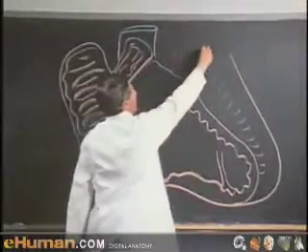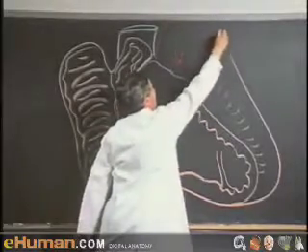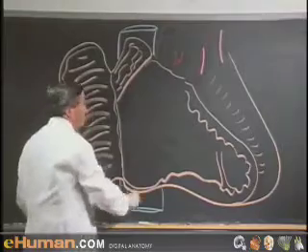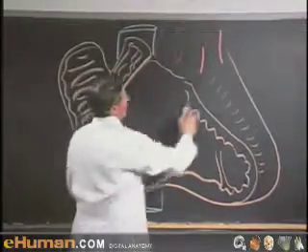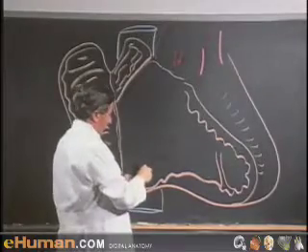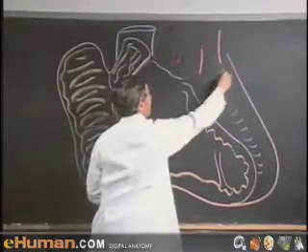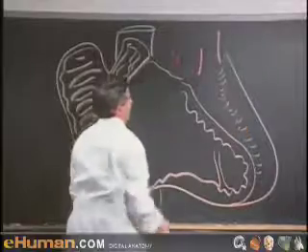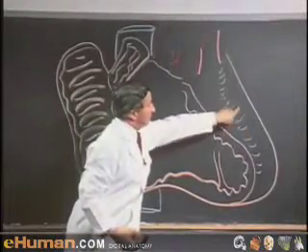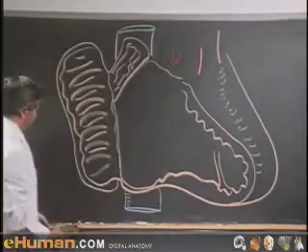And then just in the corner here we can indicate the beginning of the pulmonary trunk coming from the upper end of the right ventricle, so that our groove comes down something like that, the interventricular groove between the right ventricle and the left ventricle.